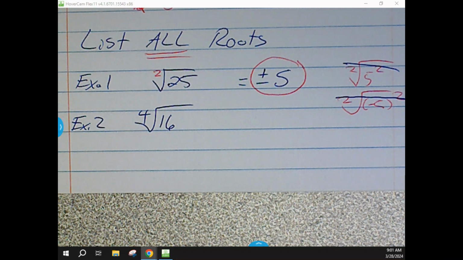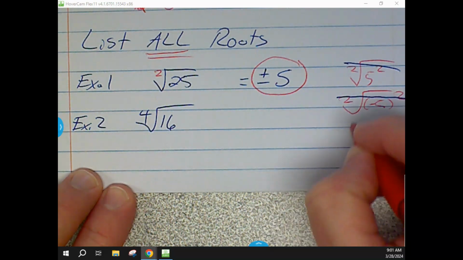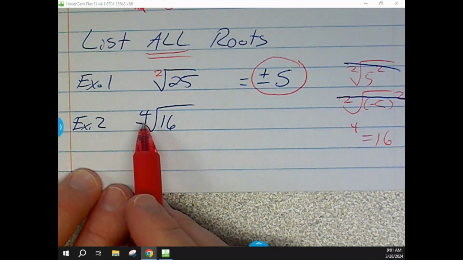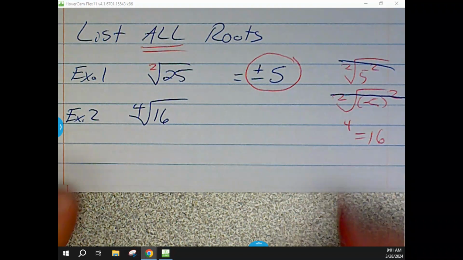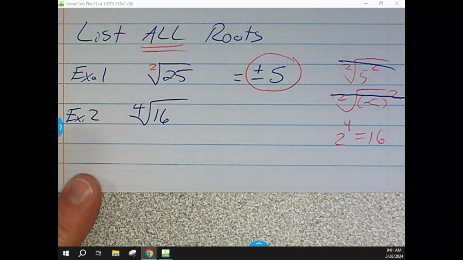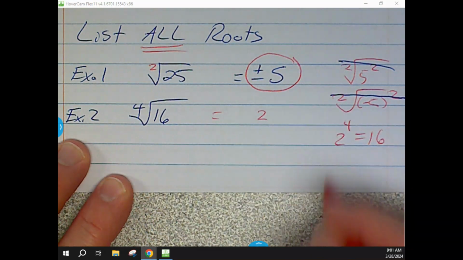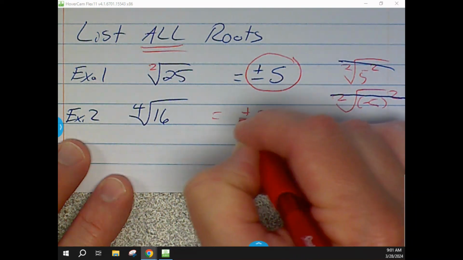Positive and negative? Well, yeah, so again, we have to think about something to the fourth power that would equal 16. Now, we know it's not 1, but it'd be 2, right? So we have 2 to the fourth power equals 16. So we know that answer could equal 2. But what happens if we do negative 2 to the fourth power? Also still 16, right? So in that case, we're going to put a plus or minus there.